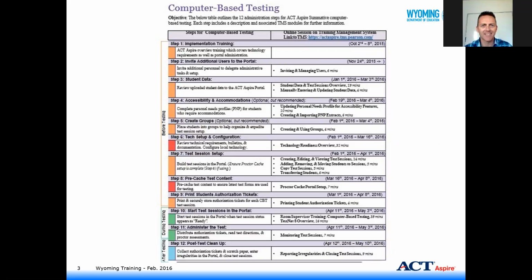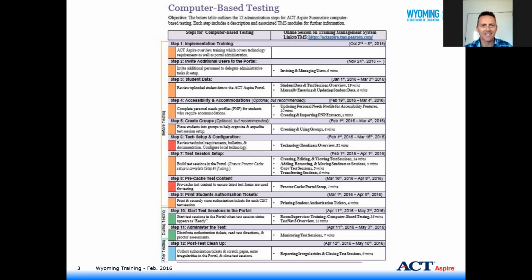It will have the student's first name, middle initial, last name, and their student ID, as well as a user ID and password that they'll use to log into the test session for ACT Aspire. Typically those are done the week prior to preparing to test.